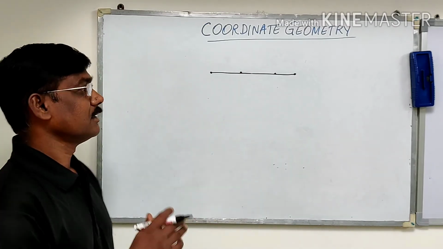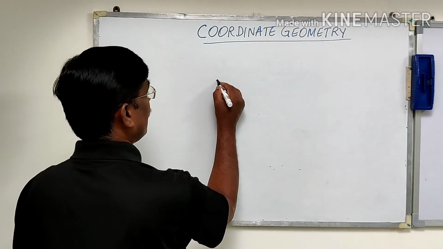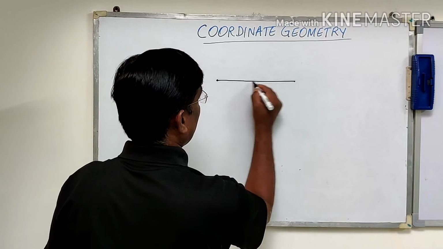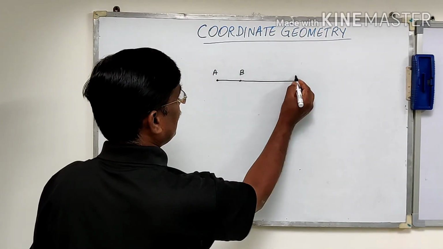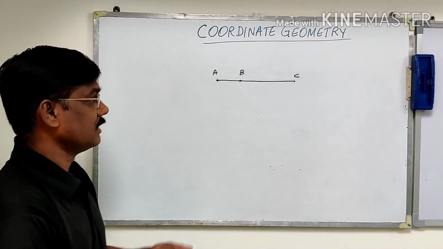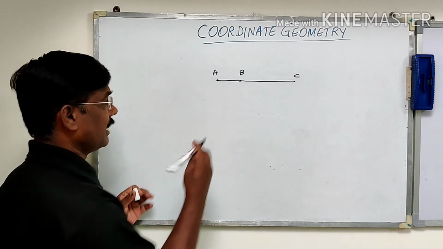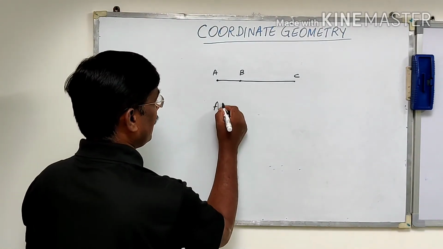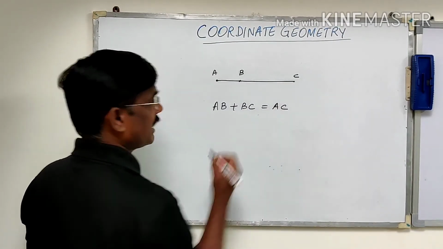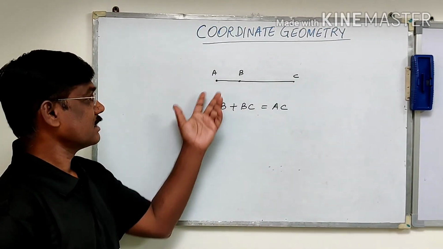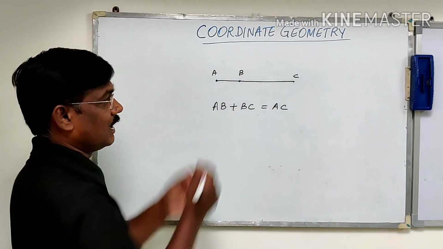Let us take 3 points A, B, C. If these 3 points lie on a straight line, then AB plus BC is equal to AC. This is very obvious because this length plus this length is equal to the total length.